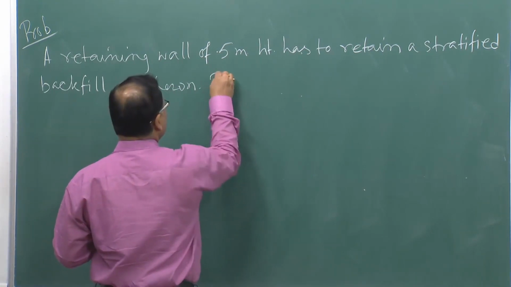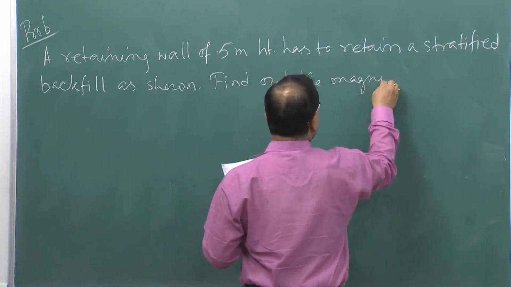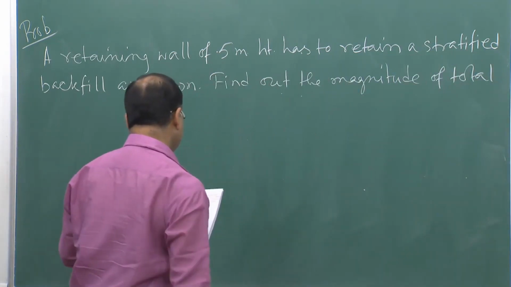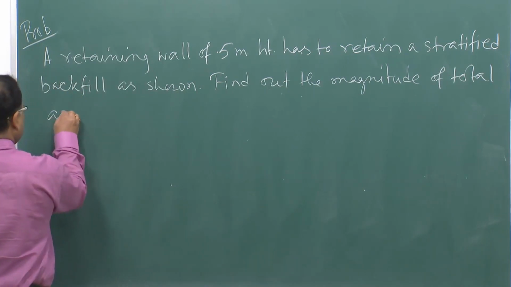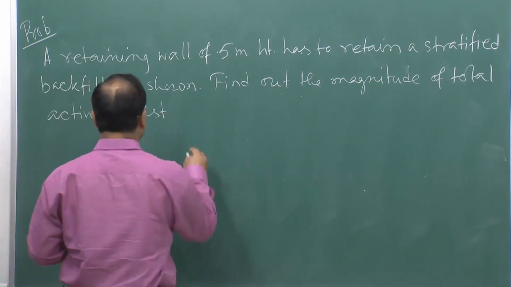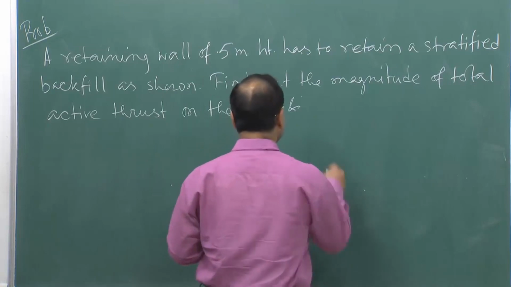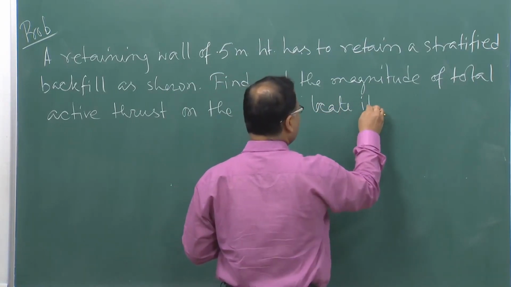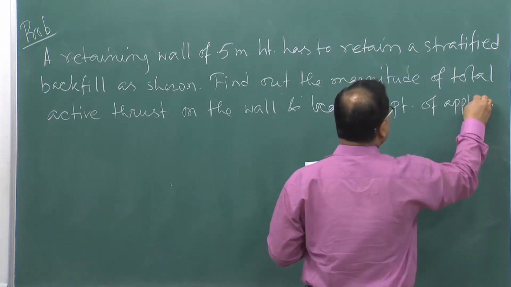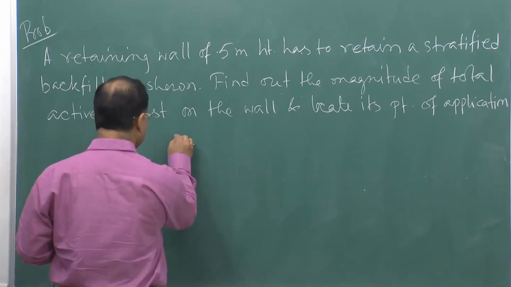Find out the magnitude of the total active thrust on the wall and locate its point of application. Okay. So, let me draw the wall.